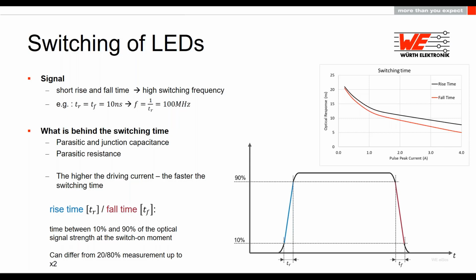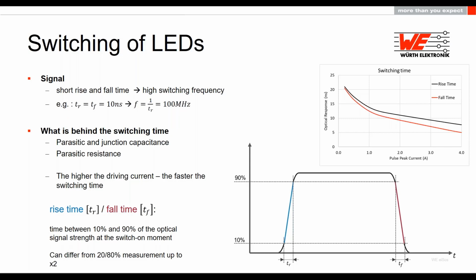One of the most important parameters, or why we use these LEDs, is that we shine on something or we detect something. When we are using detection, it's also important that we don't need the LED to work all the time.